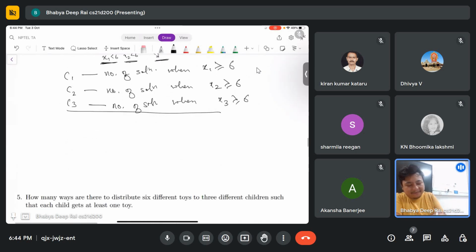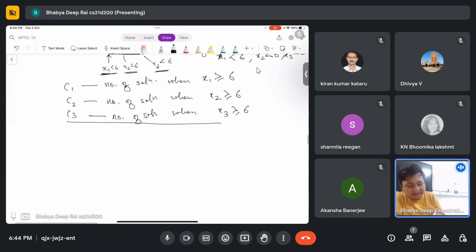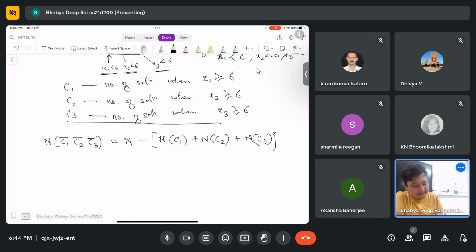Now, why are we finding c1, c2, c3? Because the formula says so. We know that n of c1 bar, c2 bar, c3 bar is n minus n of c1 plus n of c2 plus n of c3, plus n of c1, c2, plus n of c1, c3, plus n of c2, c3, plus n of c1, c2, c3.